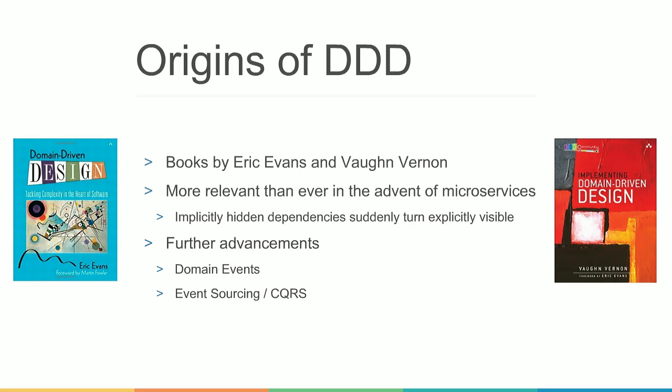If you look at Vaughn's excellent book, Implementing Domain-Driven Design, aka the Red Book, which you can see to your right, you find out that there are a couple of new aspects to domain-driven design.